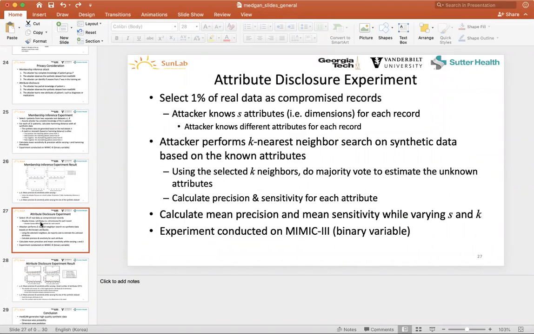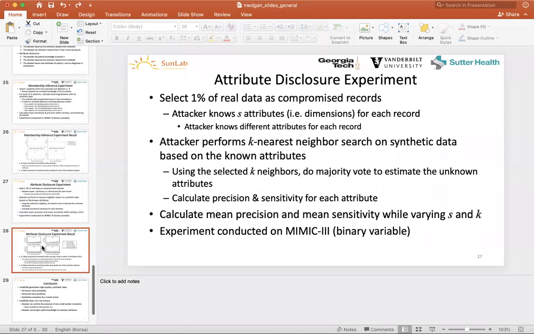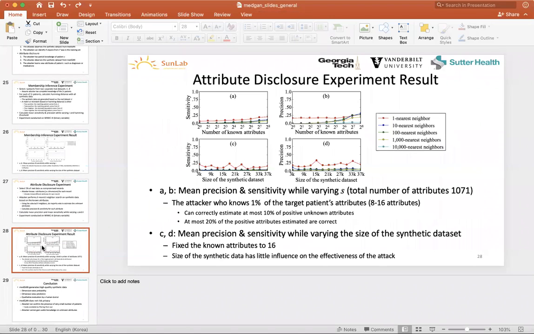All right, attribute disclosure. Again, I'll just jump into the conclusion. As I said, the more attributes that the attacker knows, the easier it is for the attacker to fill in the gap.